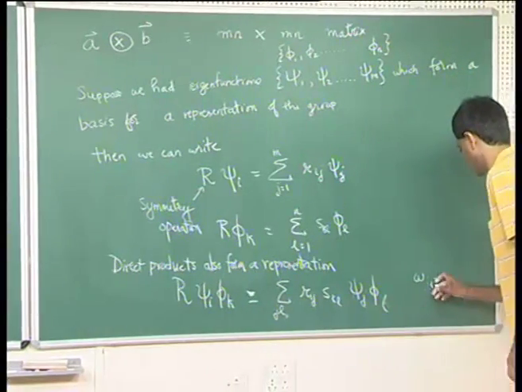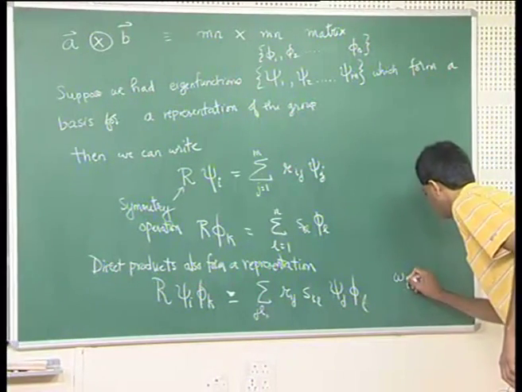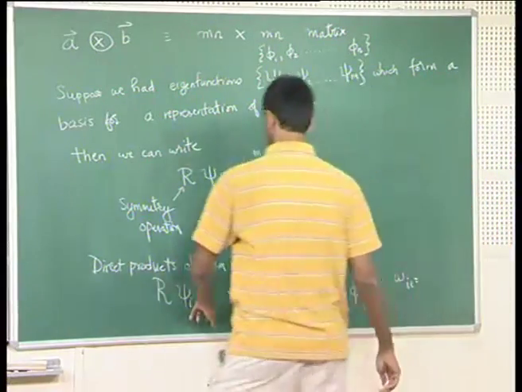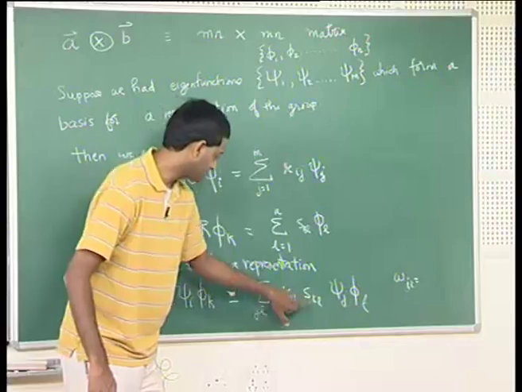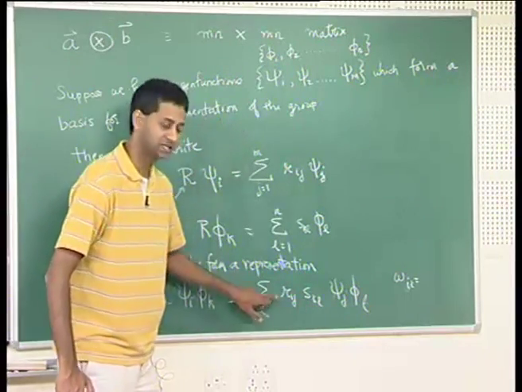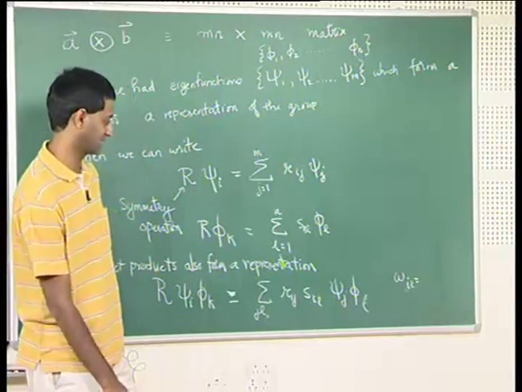So, this should be W_ik. On the left you have i and k. Here you have i, j, k, l, you have to sum over j and l. So, the right hand side also depends only on i and k.